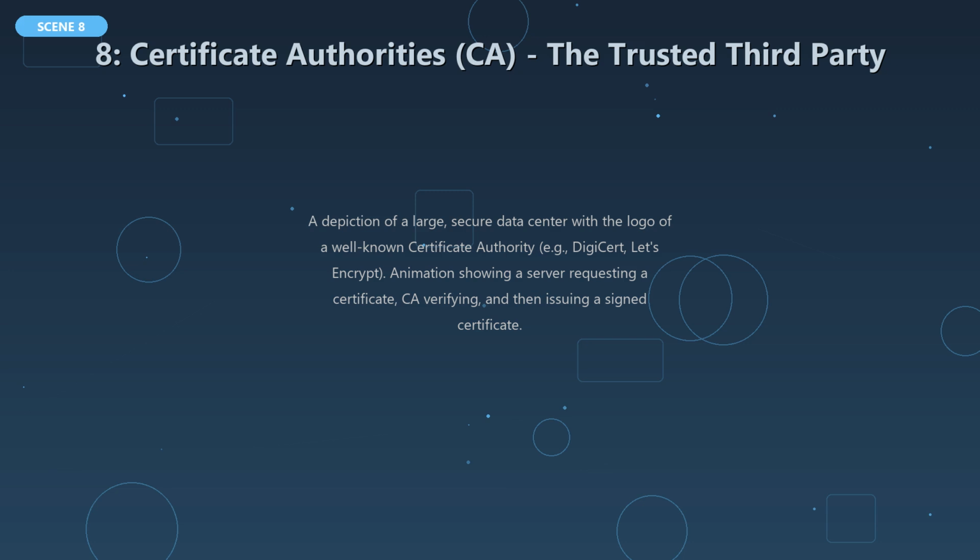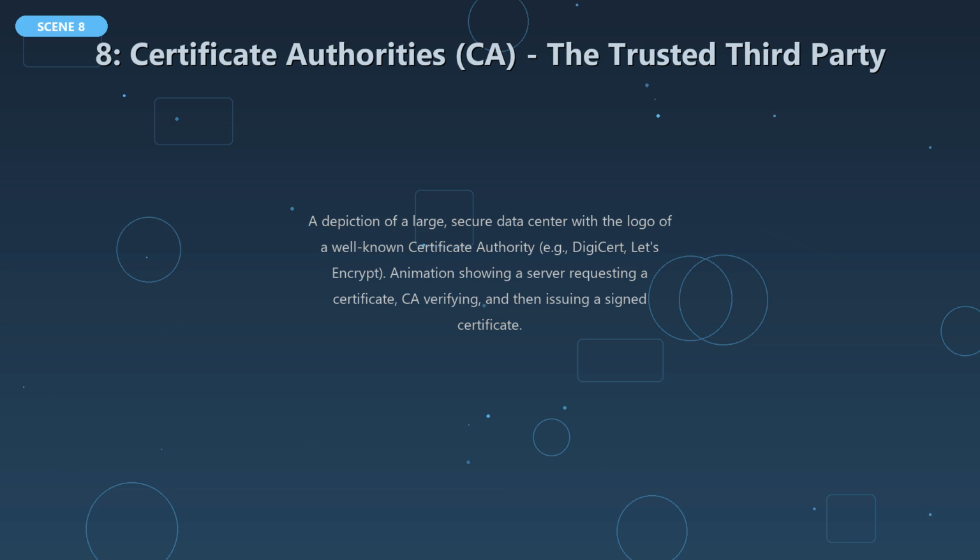The CA then performs a rigorous validation process. For a standard domain validated, DV, certificate, they might simply verify ownership of the domain. For more extensive organization validated, OV, or extended validation, EV, certificates, they conduct thorough checks on the organization's legal and physical existence.